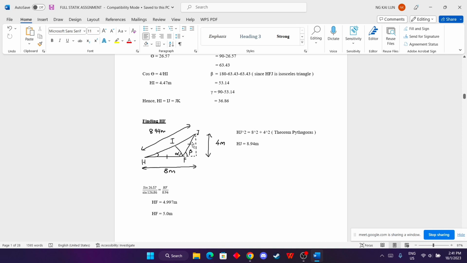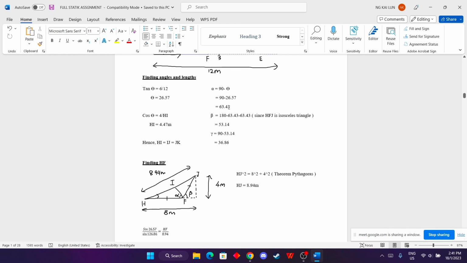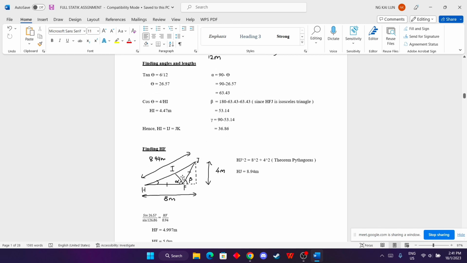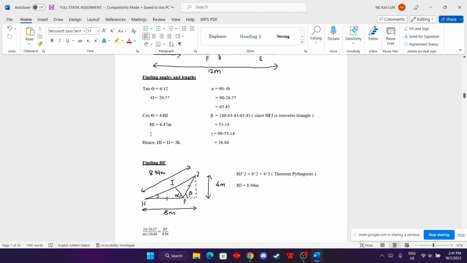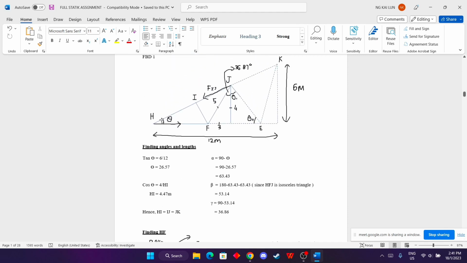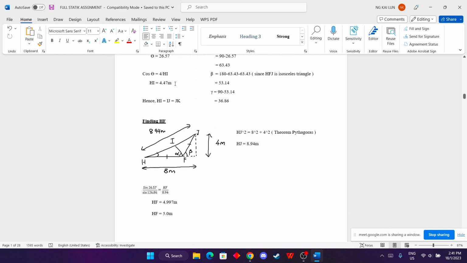The other one will be the angle at F, which is 63.43 times 2, so sine 126.86 equals 8.84. The 8.84 is found from HI, since HI equals IJ. So the length of HJ is actually 4.47 times 2.